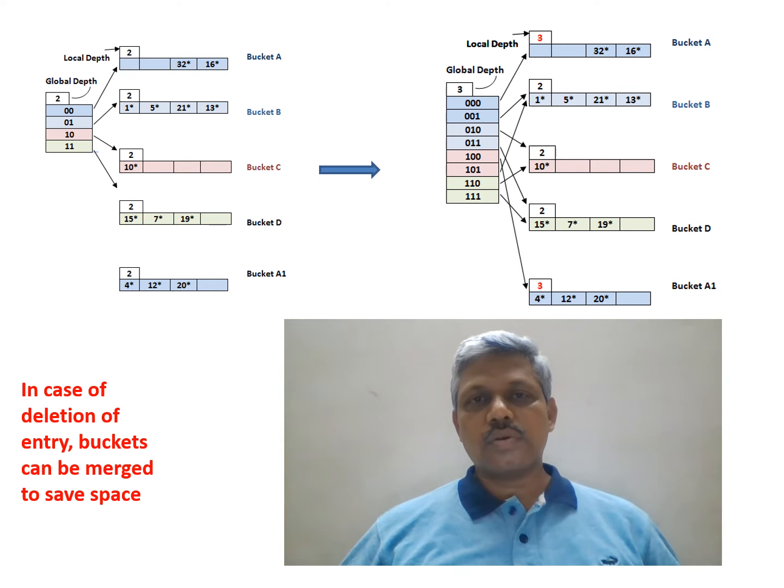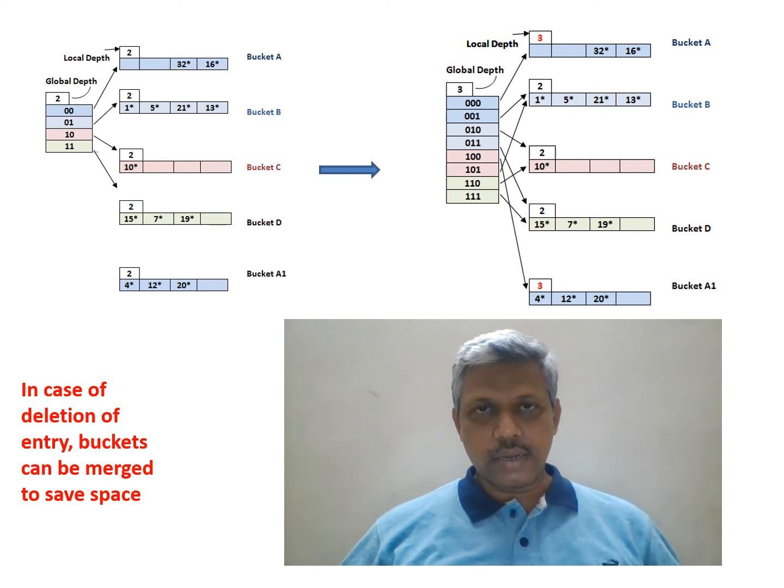Suppose the distribution of the values is skewed, only one-sided, something like 0, 0, 0, where bucket A is split into A and A1, and we still keep inserting values into bucket A only. If it overflows again, I have to consider doubling the pointers again. So if we keep on increasing the values and splitting bucket A again and again, it is a skewed one because the distribution is not uniform.